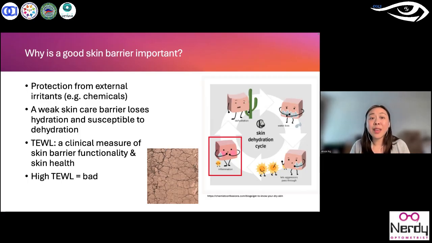As a result, that exacerbates the dehydration cycle, the water loss, and the irritants are getting in again and again. That inflammatory barrier that we see, a red, irritated skin response, just gets further and further exacerbated.